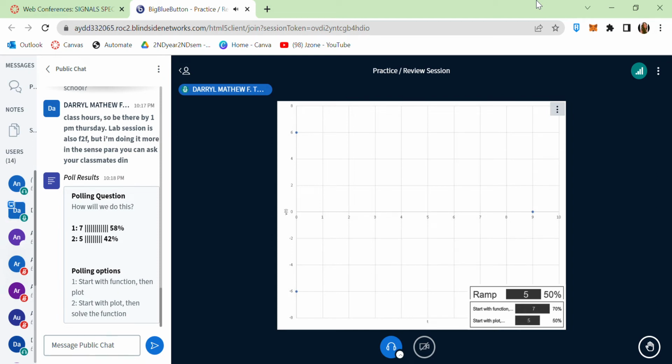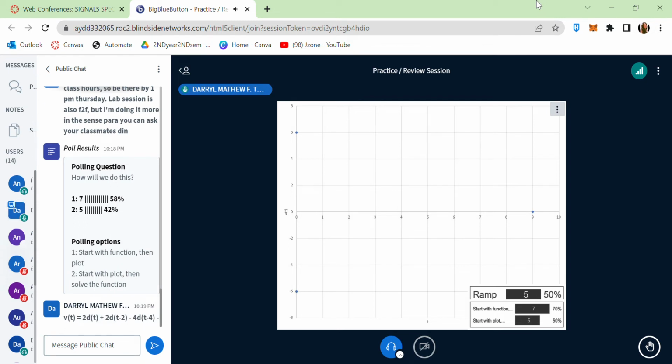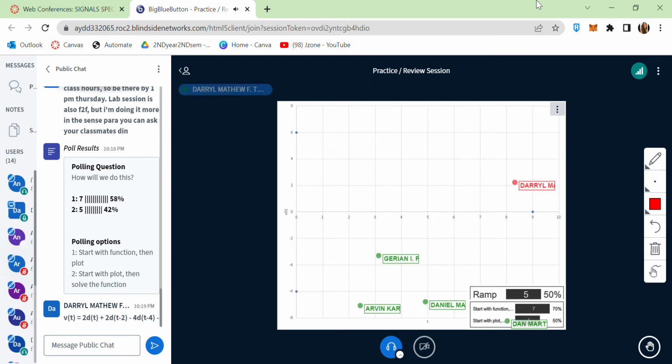So let's start off with this example. Whiteboard graph. Maybe you can try plotting kung paano yun.